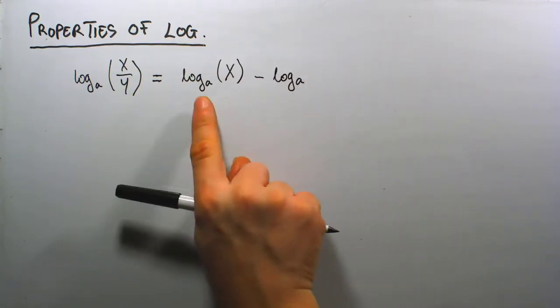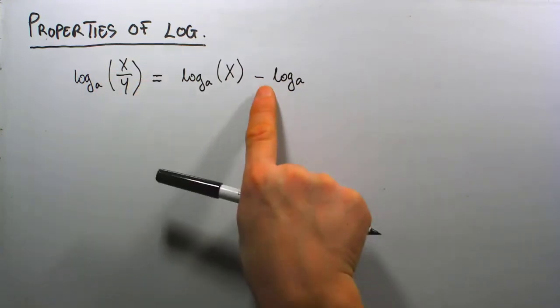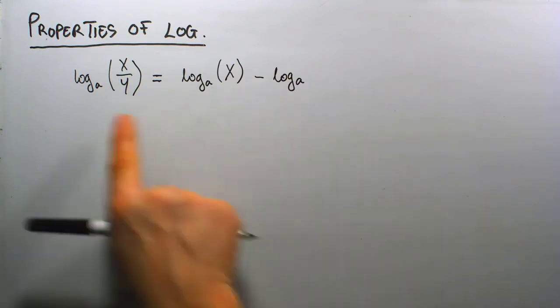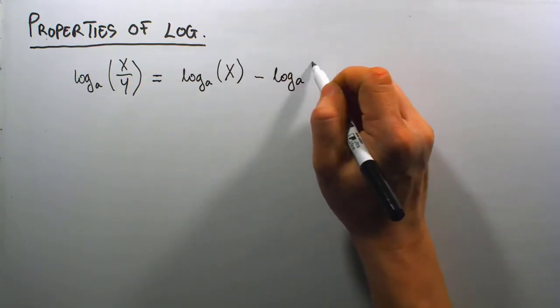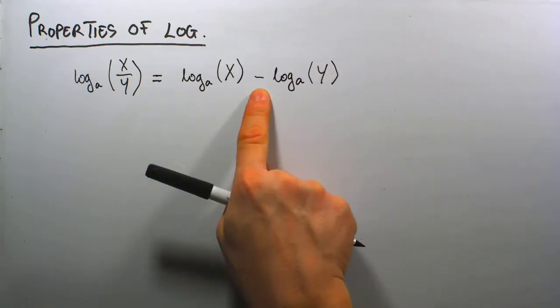So here, instead of taking log base a directly of a quotient, we're taking the difference of two logarithms, same base, log base a of y. So log base a of x minus log base a of y.